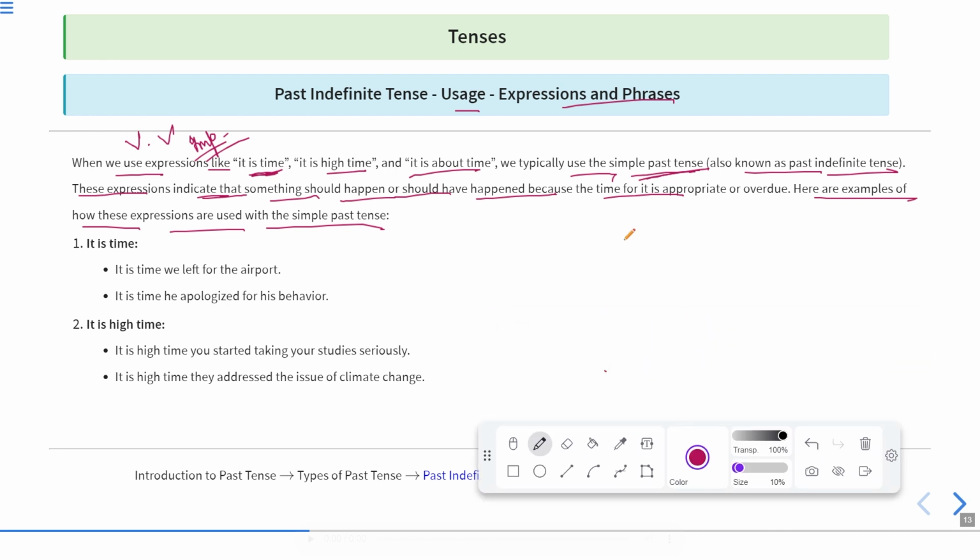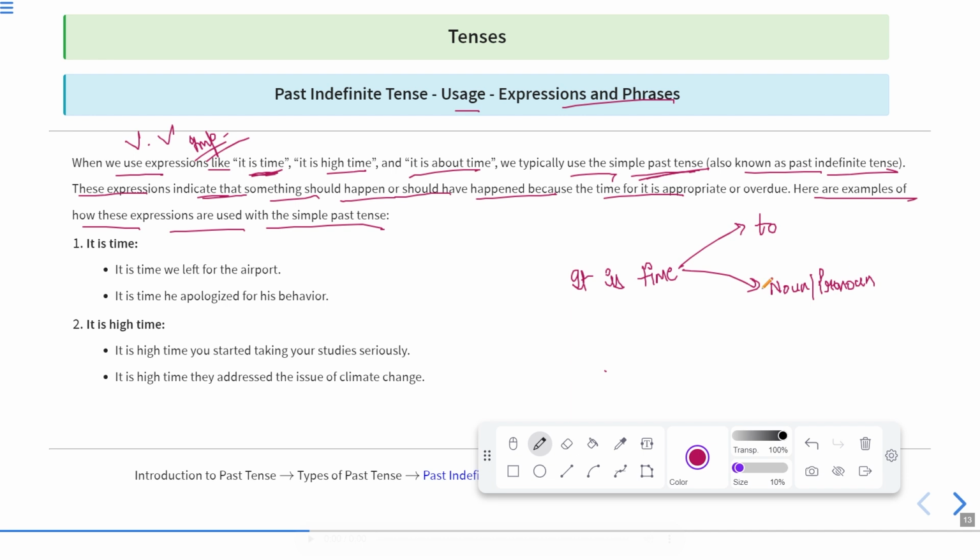Now, let me tell you one thing. If we have an expression like it is time, or it is high time, or it is about time, two conditions are there. Either this expression is followed by the preposition to, or by the subject, that is a noun or pronoun. So we can have two structures with this phrase.